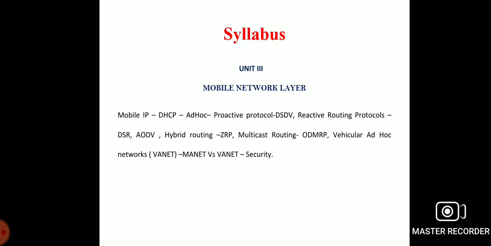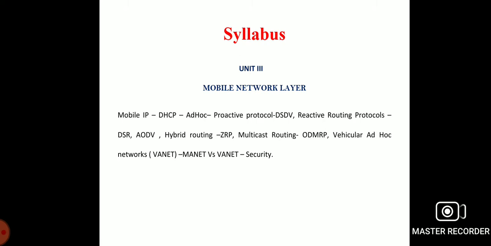Now, the syllabus of Unit-3. First we have the introduction of Mobile Internet Protocol and the Dynamic Host Configuration Protocol architectures, and then we discuss the ad hoc network architectures and the routing protocols.